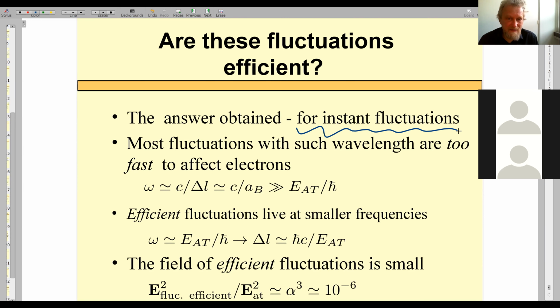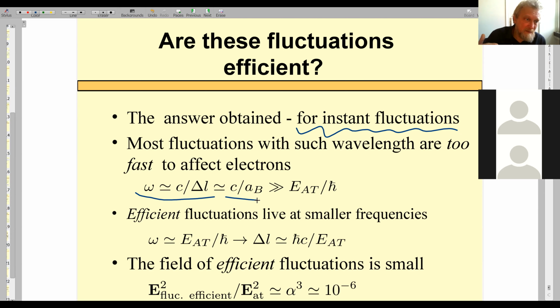And most fluctuations at this wave scale have a frequency which is much bigger than electron energies at this atomic scale. These frequencies are computed from this uncertainty of space. I need to substitute the Bohr radius here. And this is indeed about 100 times bigger than atomic energy.